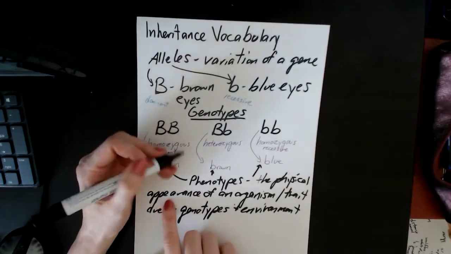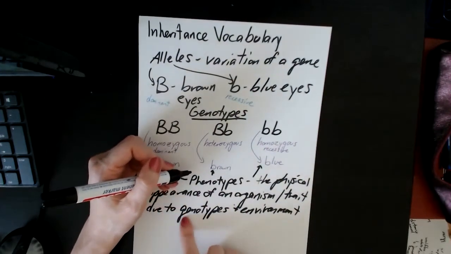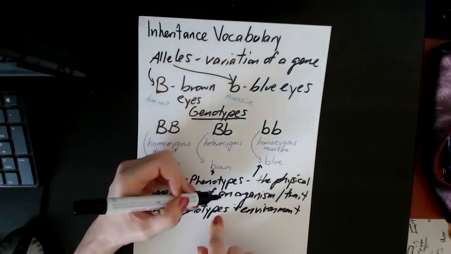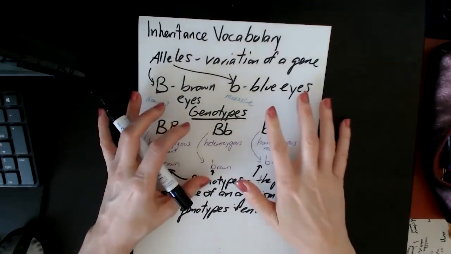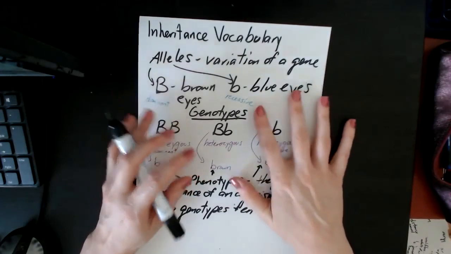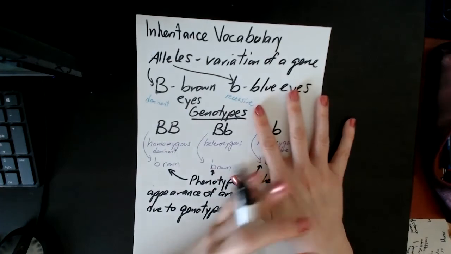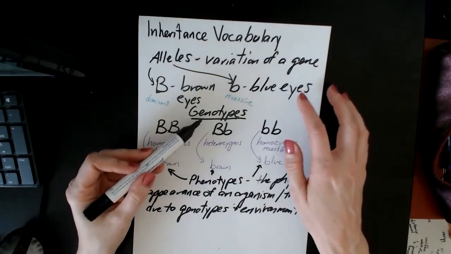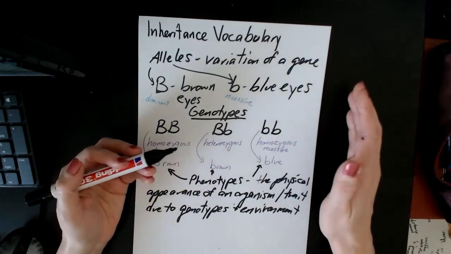But my phenotype is not just determined by the genotype. It's not just the alleles I have. It's also the environment, the fact that I do not go outside much. I do not suntan. I do not lie out in the sun, which means that I am paler than somebody who might have my exact same alleles, the exact same genotype as me. But if they go out in the sun a lot, they're going to have darker skin.